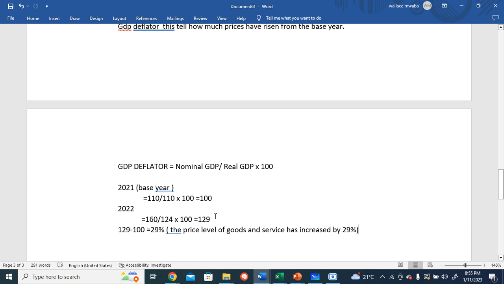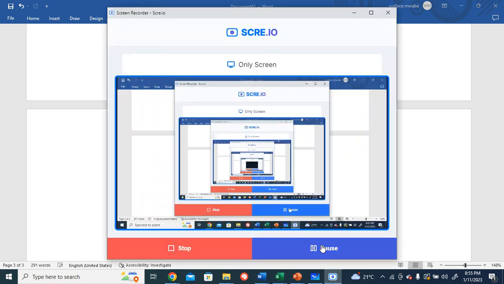If you got a number less than 100, like 80, it means the price level has decreased by 20%. Any number below 100 is a decrease; any number above 100 is an increase.